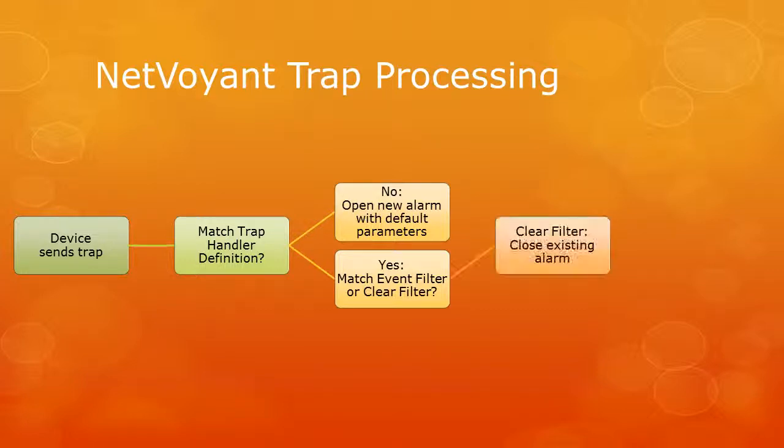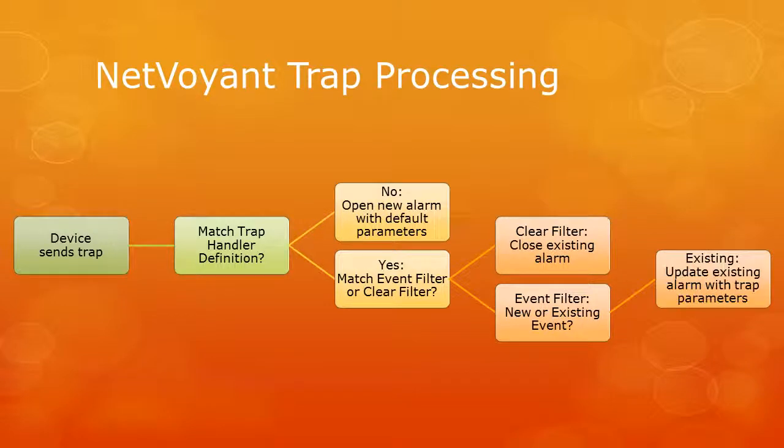Now, if the clear filter matches, NetVoyant finds the existing event, one that should have already been opened by a previous trap, and closes it. However, if the event filter matches, NetVoyant determines then if there's an existing open event. Now, if so, NetVoyant updates the event parameters with the updated information from the trap, like an updated sysuptime or an updated status code or whatever.